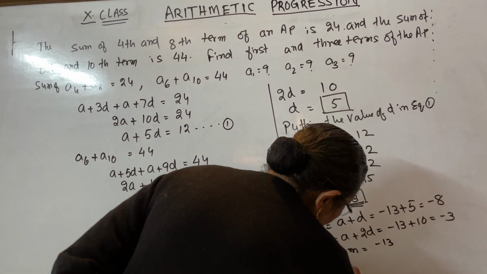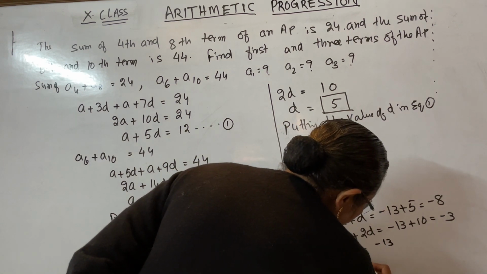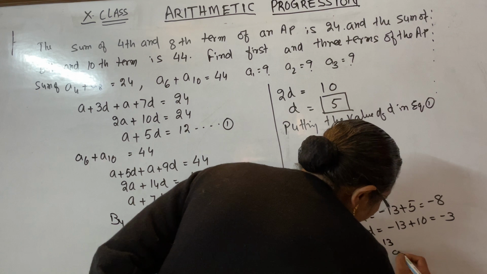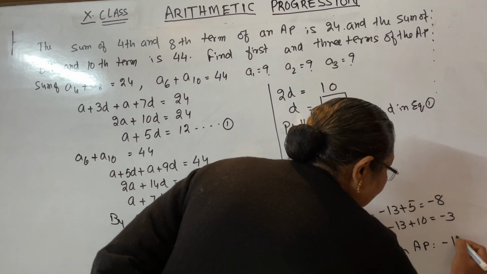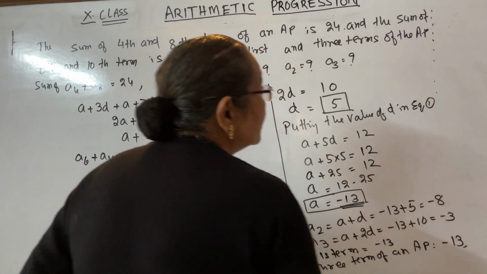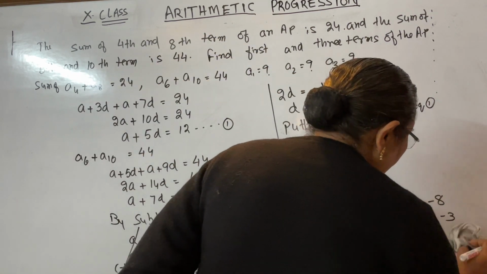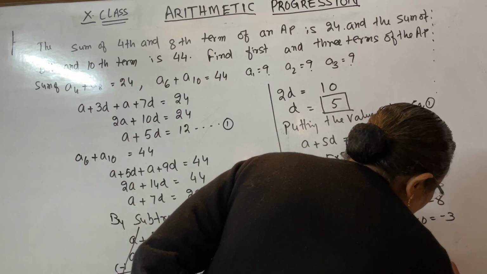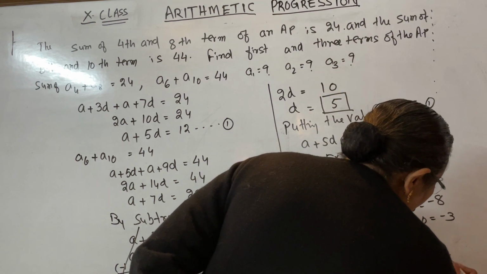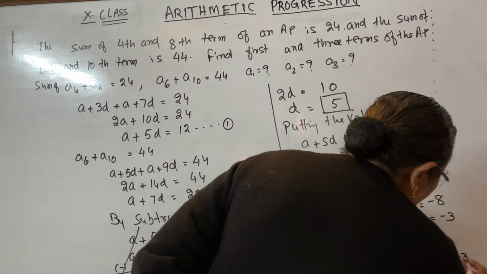Three terms of an AP equals to minus 13, minus 8, minus 3.